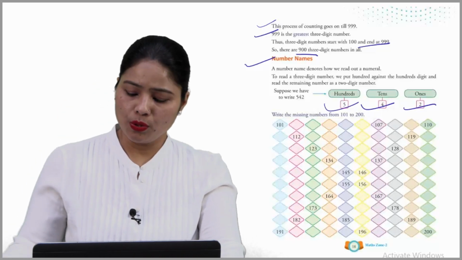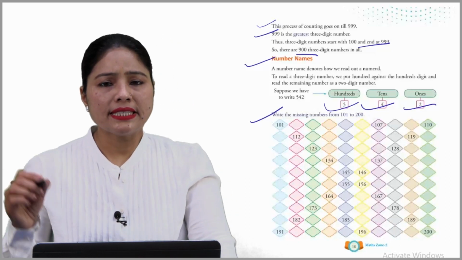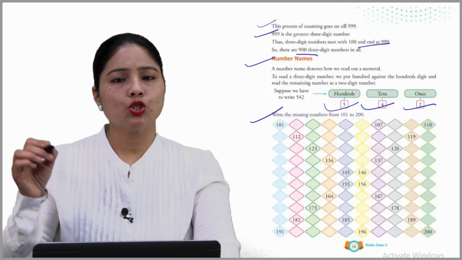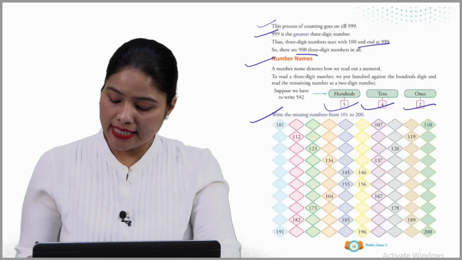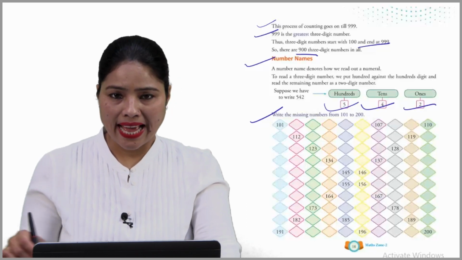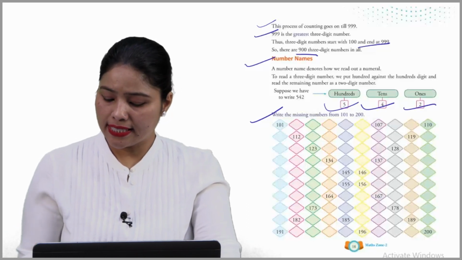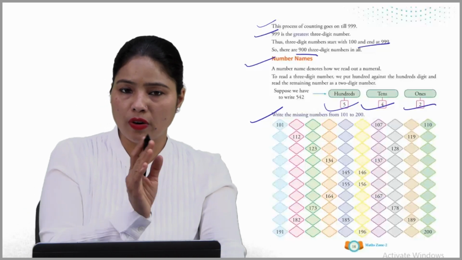Okay, so write the missing numbers from 101 to 201. So these are some blank grid forms. So there is a counting which starts from 101.